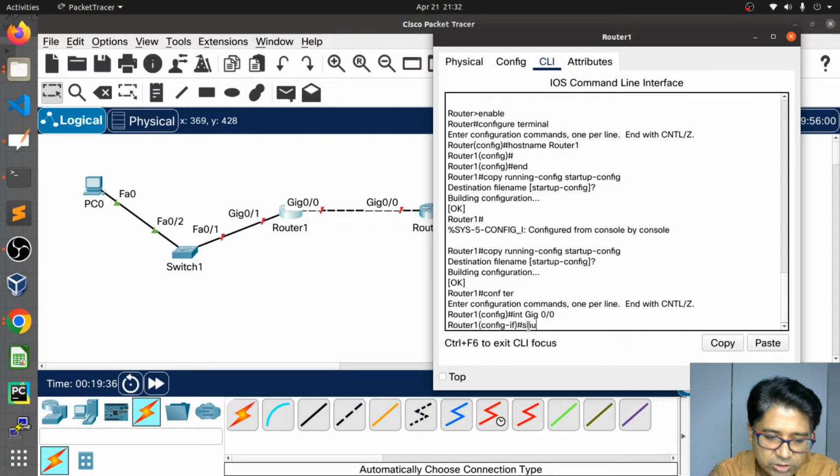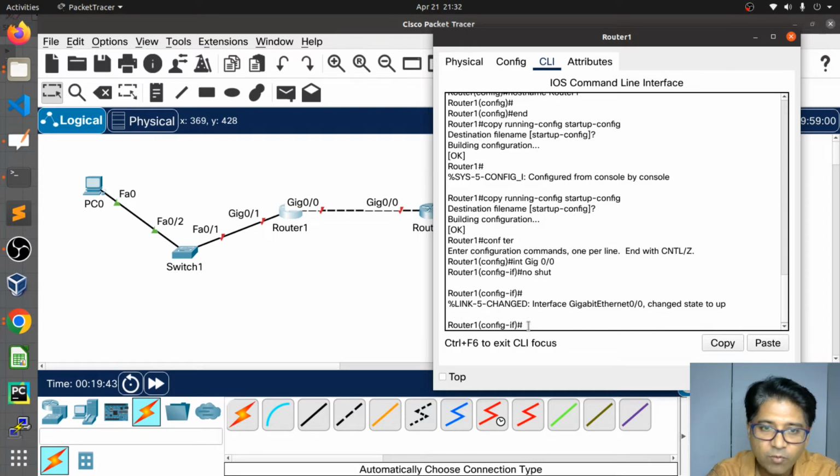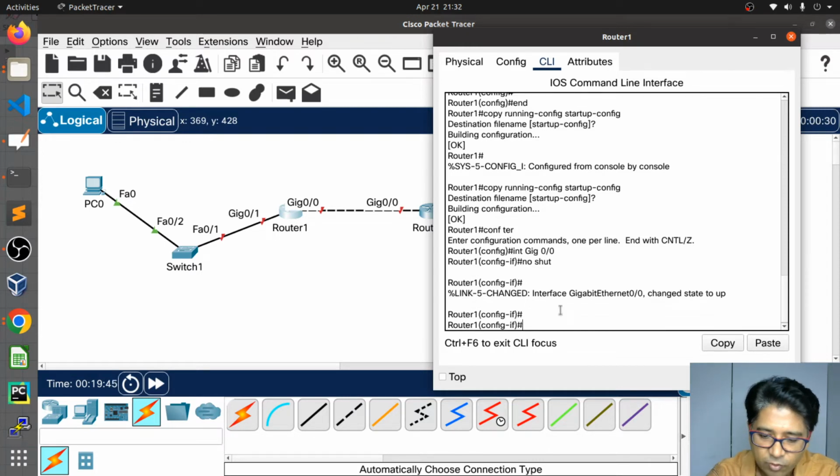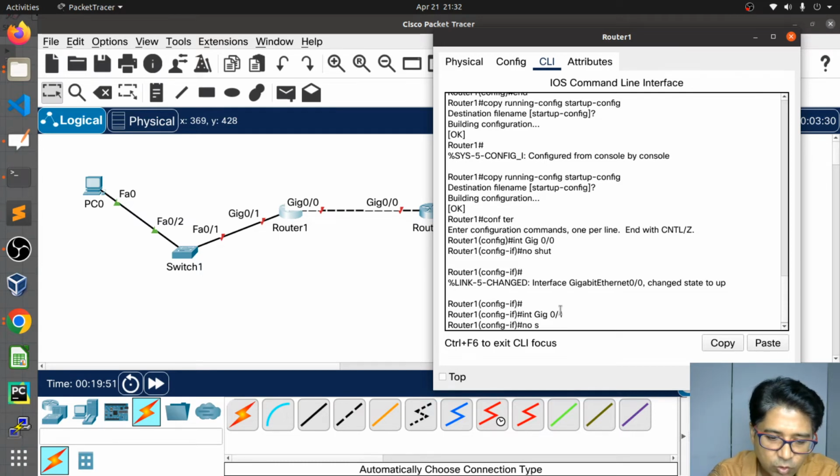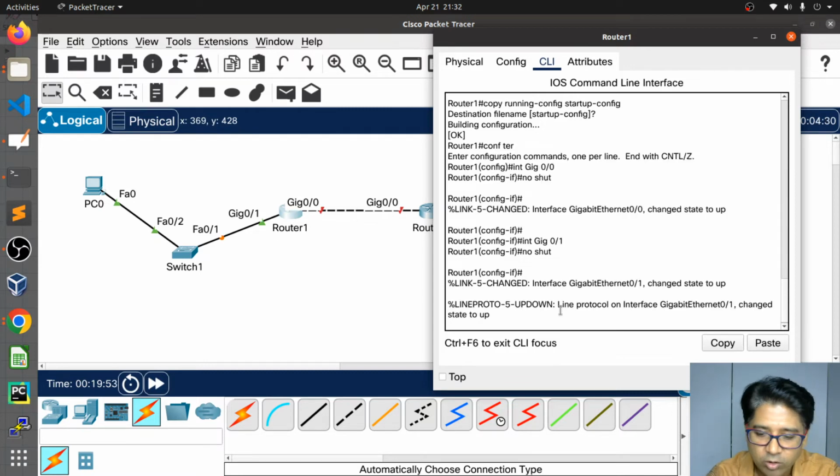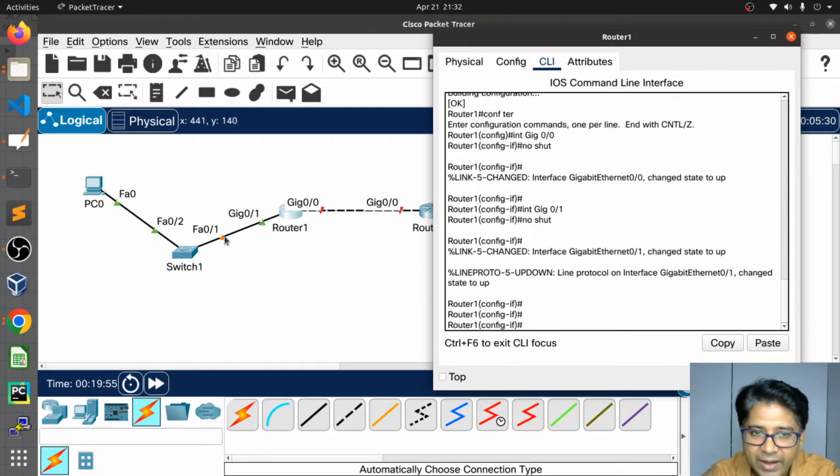I will do no shutdown, so that my interface is up. I'm doing this on both interfaces, gig 0/0 and gig 0/1, no shutdown, so that both the link toward the LAN as well as toward the WAN is up.